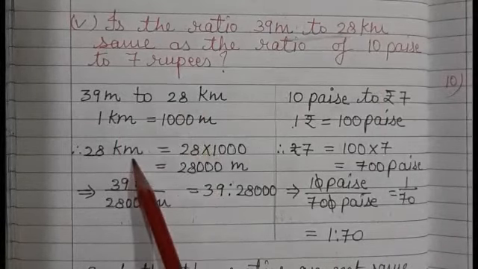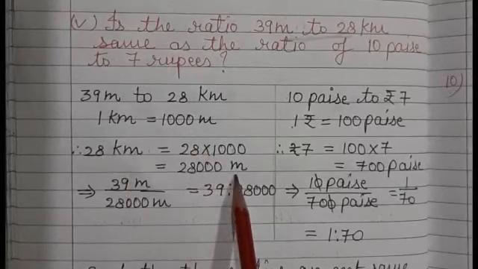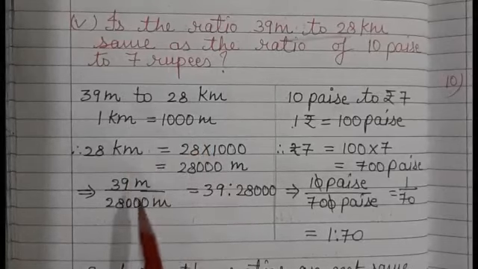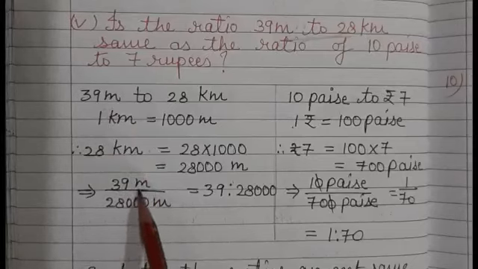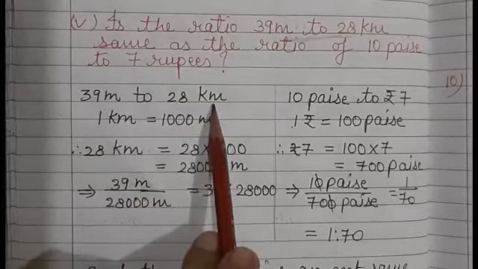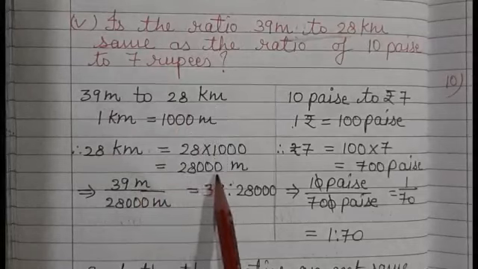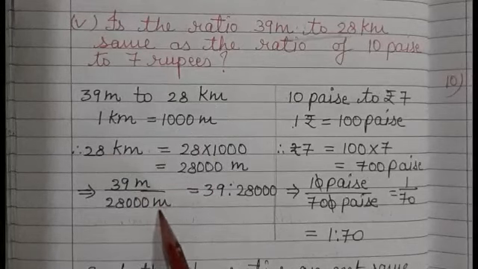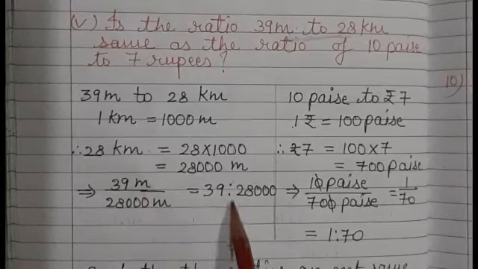So 28 kilometer is equals to 28,000 meters, right? When we will divide to find its ratio, 39 meters, instead of 28 kilometer we can write 28,000 meters, right? Now ratio will be 39 is to 28,000.